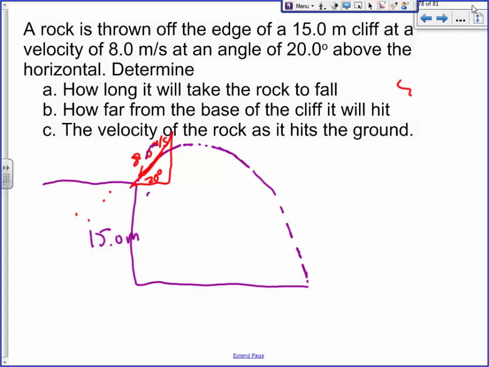So let's try some of the same things here. Before I even get to part A, part B, part C, what I really should do is break this triangle up into a velocity in the x direction, a velocity initial in the y direction, based on the 20 degrees in the corner and the 8 meters per second right here.